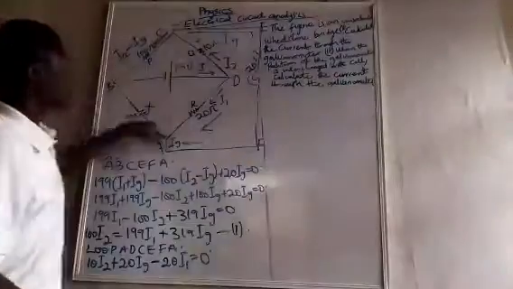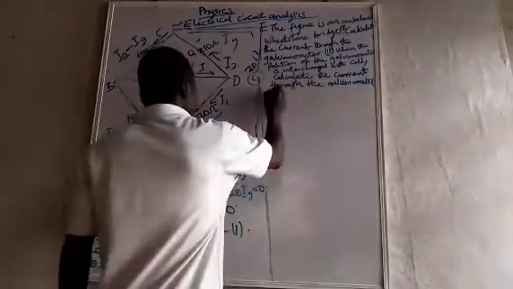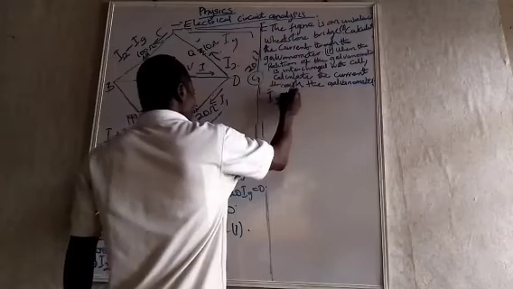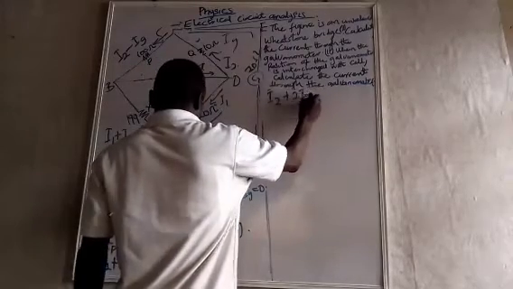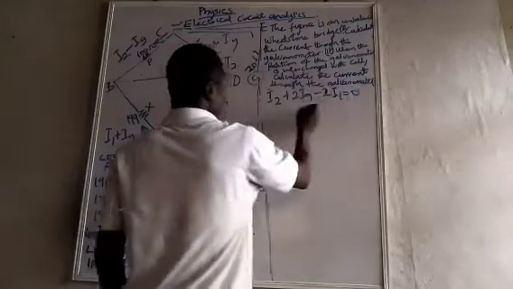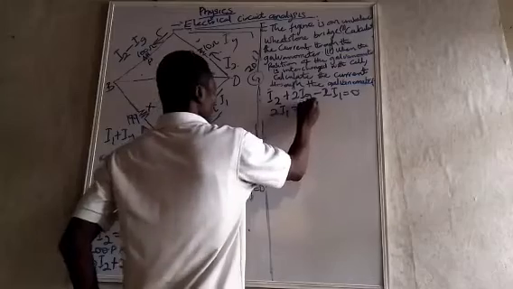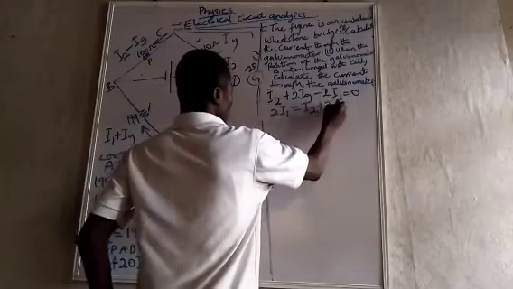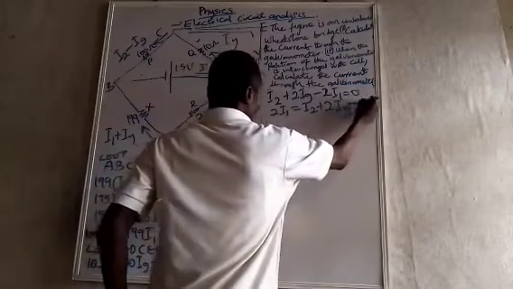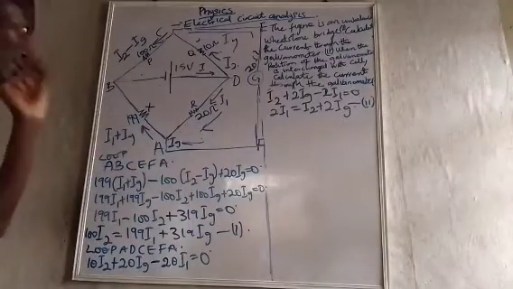So from here, I can now say that I2 plus 2 IG minus 2 I1 is equal to 0. That's equation 2. Now let's look at another loop.